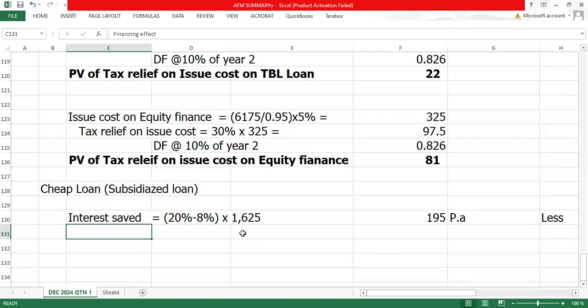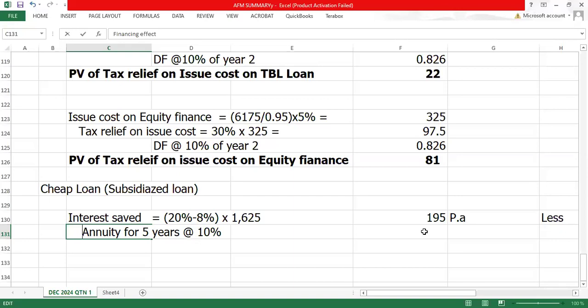So I can first get the present annuity factor, for how many years? For that cheaper loan it was 5 years at 10%. That annuity factor is what?